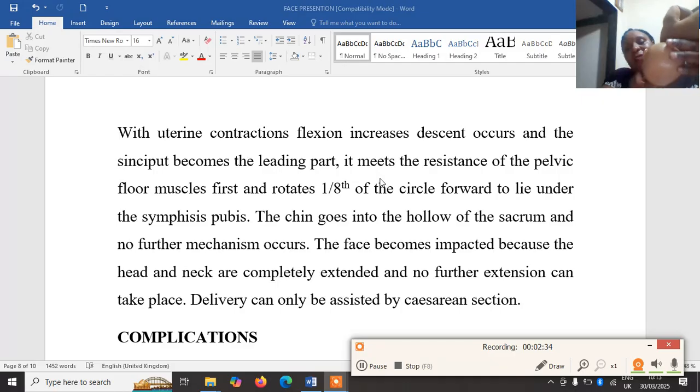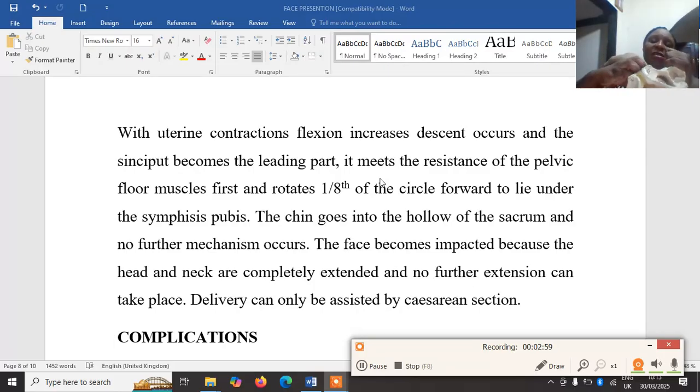So because it is the chin, the sinciput leading, as it rotates, it brings this chin into the posterior aspect of the pelvic cavity. So this is what it means, that as it goes, somehow the sinciput becomes the leading part.